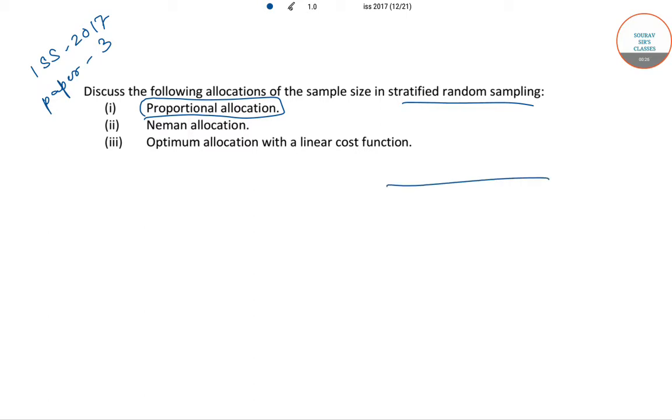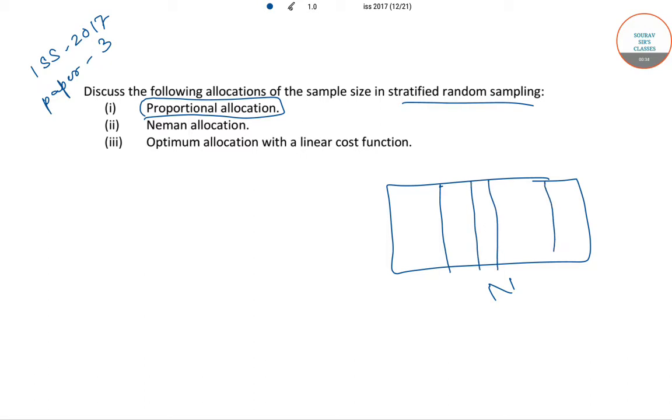Suppose we have a population of size capital N, which is divided into the following strata. The sample size, or the number of units selected from each stratum, will depend upon the size of the stratum.